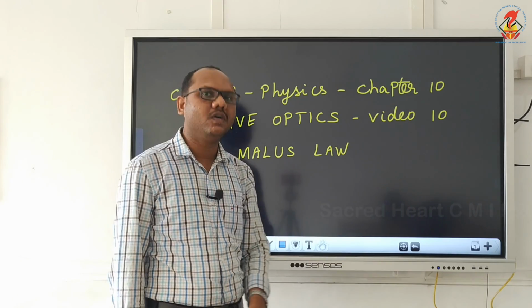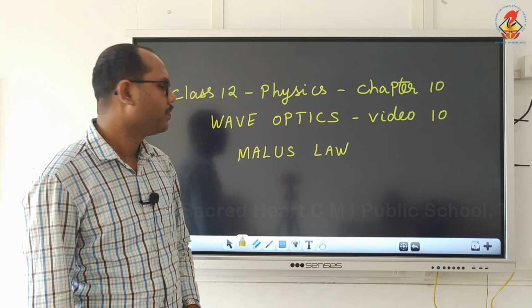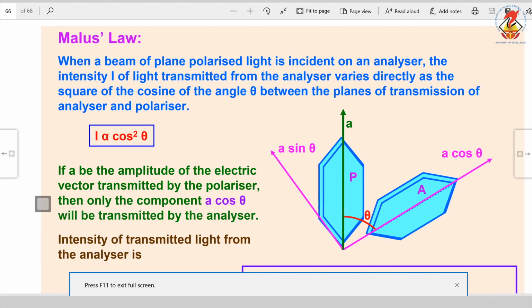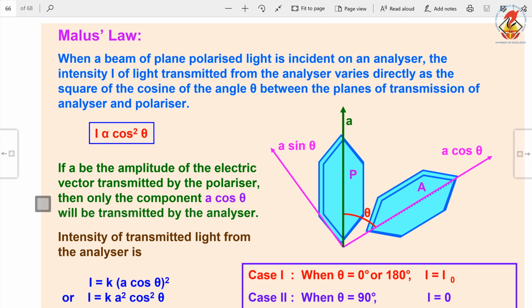That is what we did in the last video, the last diagram. There is a law governing that. That law is called Malus Law. That is what we are going to discuss now. Malus Law tells that when a beam of polarized light is incident on the analyzer, the intensity of the transmitted light through the analyzer is directly proportional to the square of cosine of the angle between polarizer and analyzer.